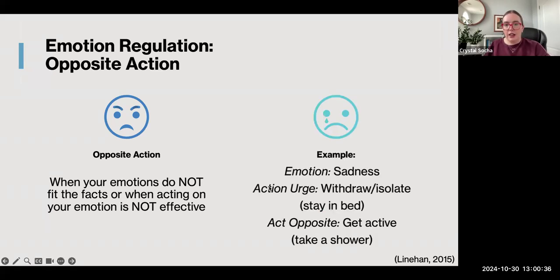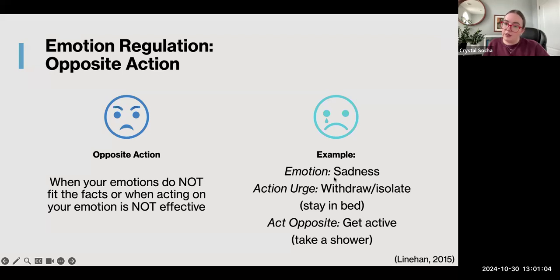For example, if someone is experiencing sadness, maybe they have the urge to withdraw, isolate, stay in bed. And to support someone, we want to support them in acting opposite on that action urge. So we're not going to help them get happy. We're not helping the opposite of sadness. We're helping them to change that action urge.